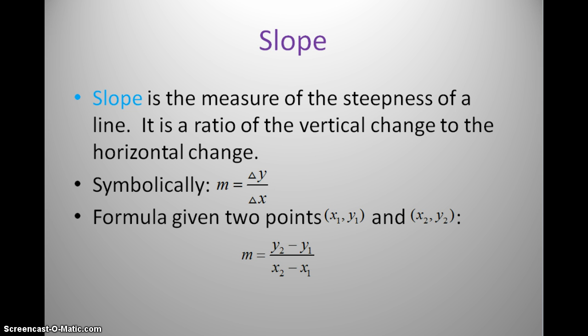Now, if you have two points, you can find the slope or calculate it using the following formula. M equals y2 minus y1 divided by x2 minus x1. So you see in the numerator here, that's what gives you the vertical change when you find the difference in the y coordinates. And when you find the difference in the x coordinates, that gives you the horizontal change.